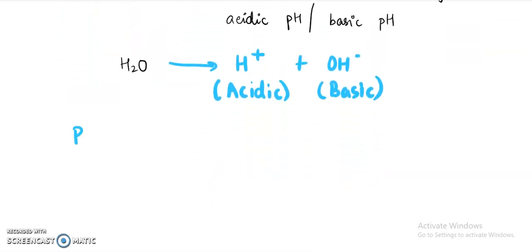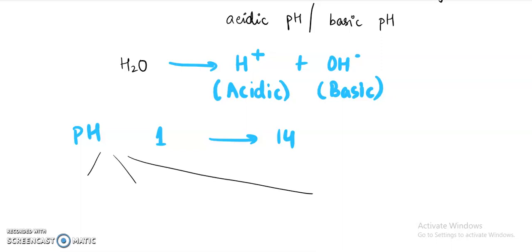So the pH value ranges from 1 to 14 and there are three categories of pH. It could be acidic, neutral or basic.